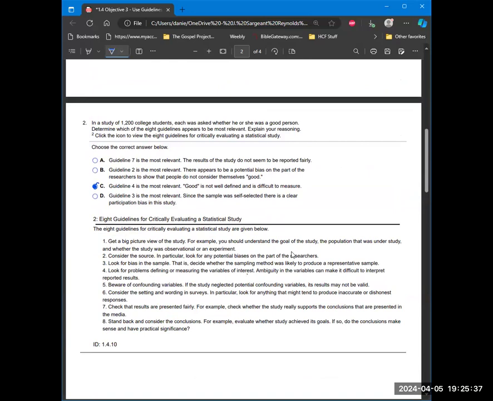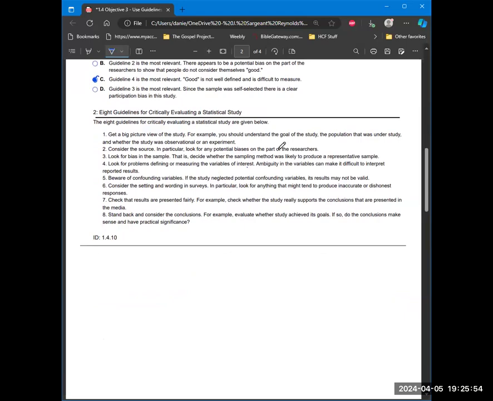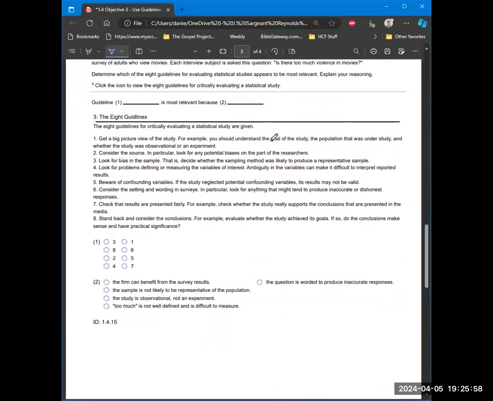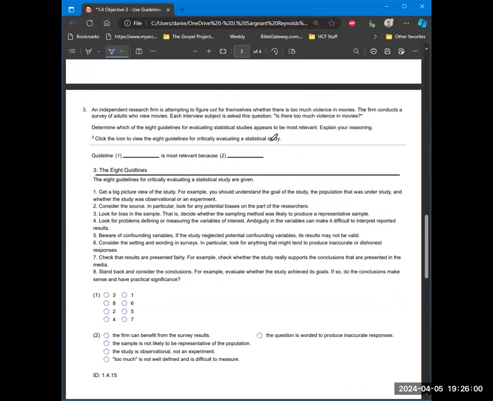People have different ideas of what it means to be good. Good is not well defined and is difficult to measure. It's not like something where you can just take somebody's height or weight. It's somebody's opinion about themselves, the way that the question was asked.